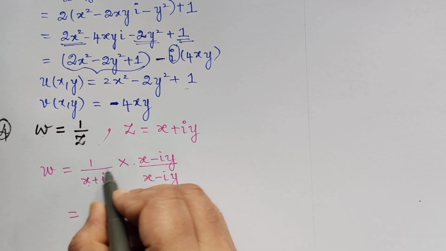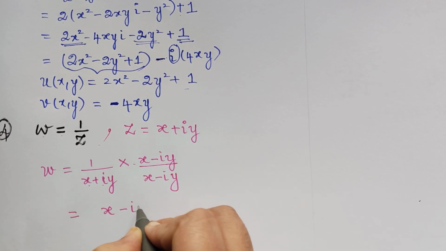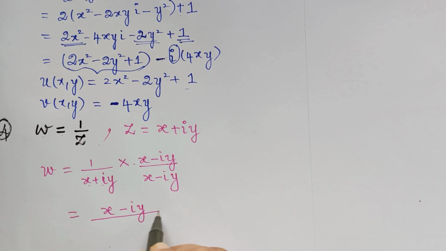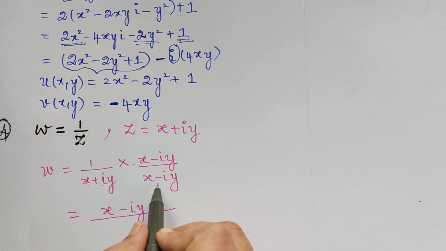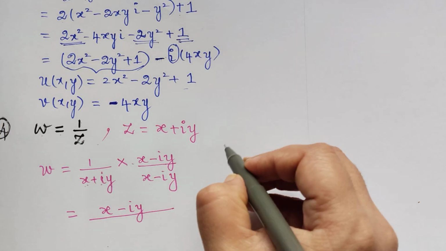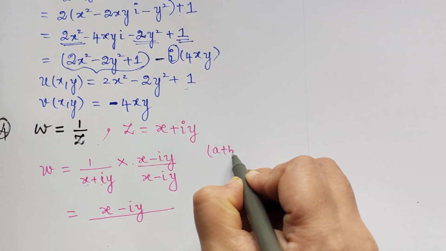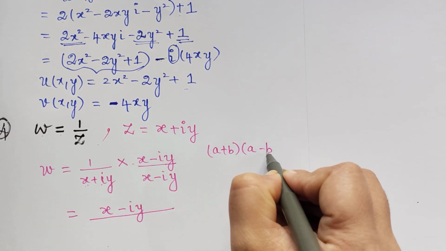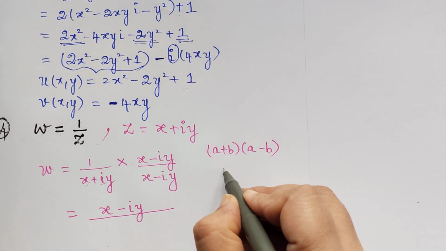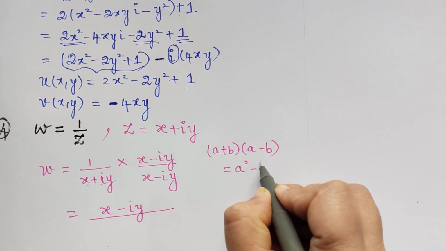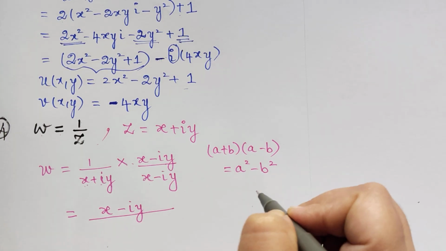So that will be equal to, the numerator will be x minus iy, and in the denominator you have x plus iy multiplied with x minus iy. It is of the form a plus b multiplied with a minus b. So what is that actually? a plus b multiplied with a minus b is equal to a square minus b square from the algebraic formula.